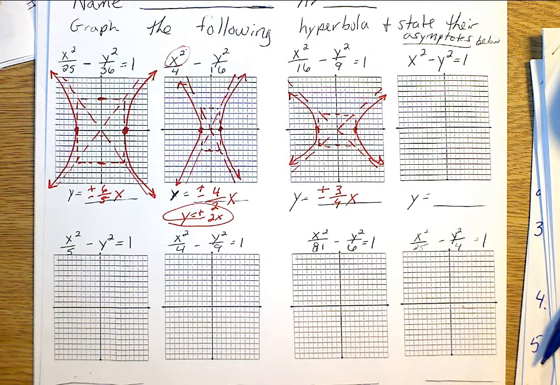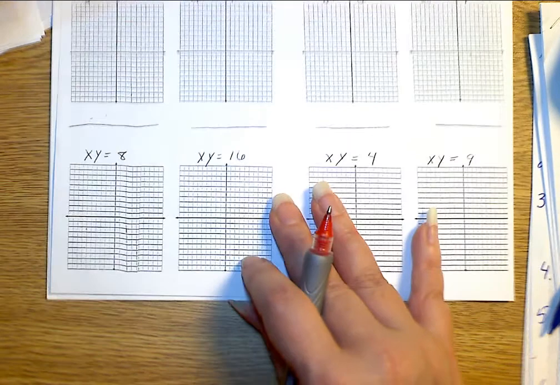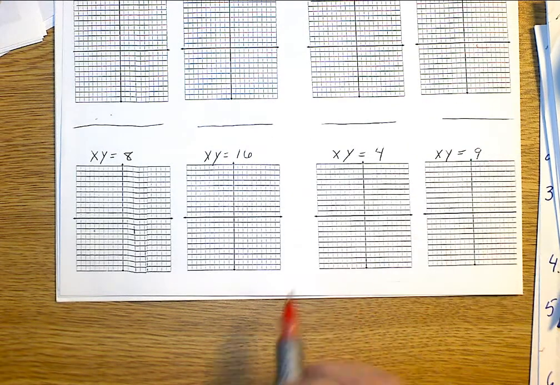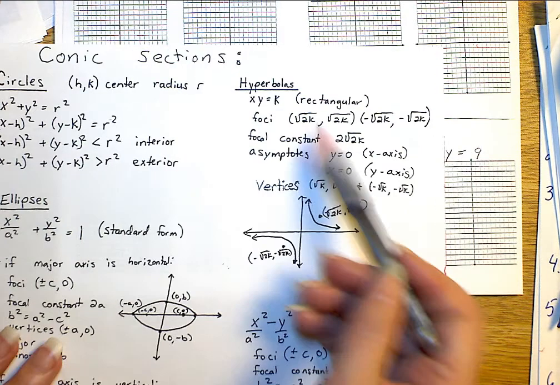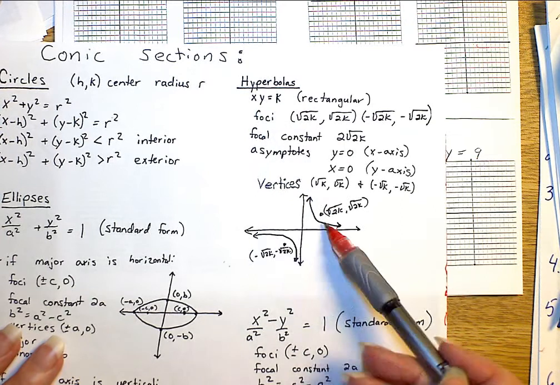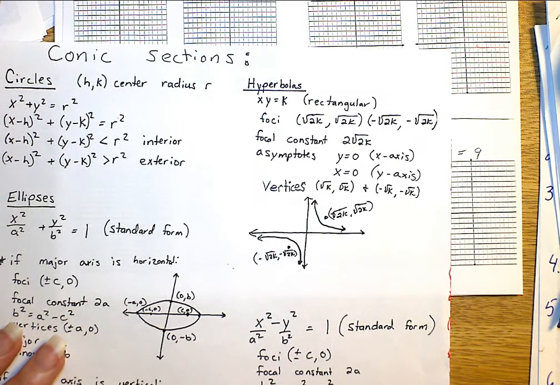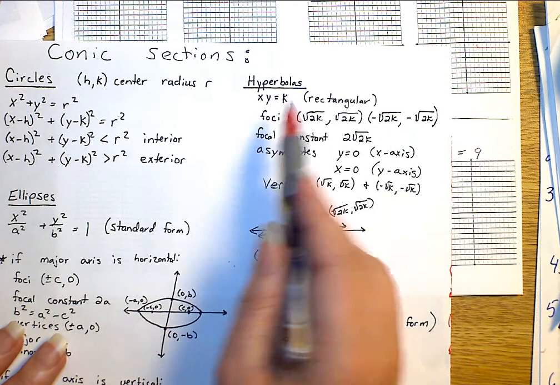All right. Now with that said and done, let's go down to the bottom one. xy equals k is a hyperbola like this. I don't know if you remember, but we actually did this when we did your varies inversely. We did y equals k over x.